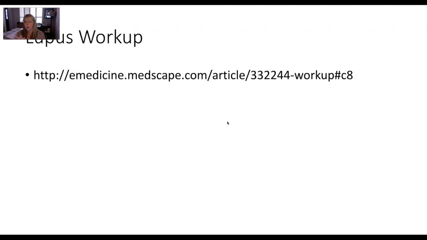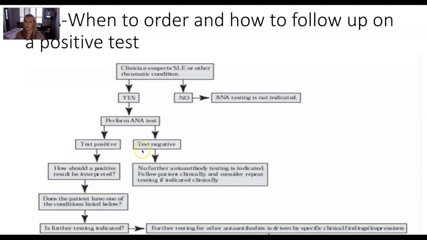If you want to know a more systematic lupus workup, or basically what I talked about, here's a really good article that you can go to, which basically goes through what I just talked to you about. So ANA, when to order and how to follow up on a positive test. The clinician suspects lupus or another rheumatic condition, because remember, sometimes we're not sure what's going on.